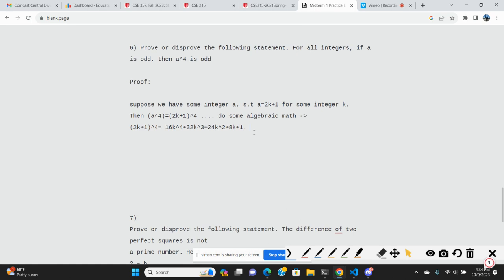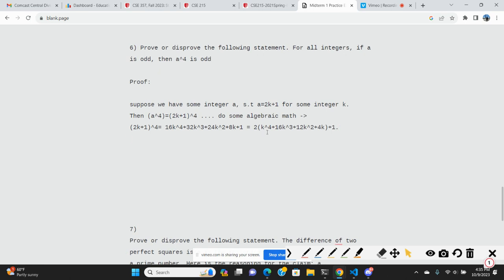Okay, and we've gotten what this is, but this is still kind of cryptic, and we want to know whether or not this is odd or even. So intuitively speaking, we should be trying to factor out a 2 somewhere. So all the even coefficients can have a 2 taken out of them. So then this is equal to 2 times (8k to the fourth plus 16k cubed plus 12k squared plus 4k) plus 1.